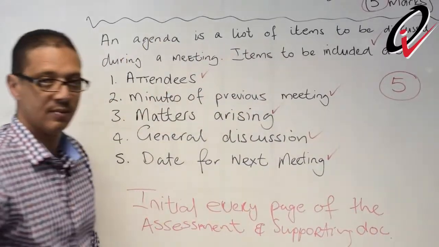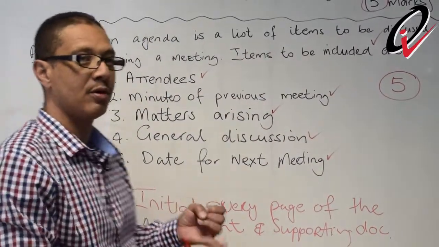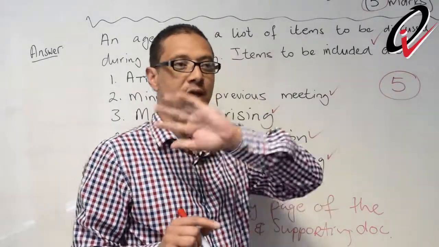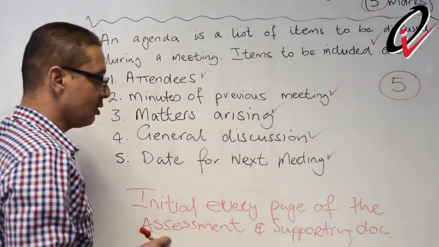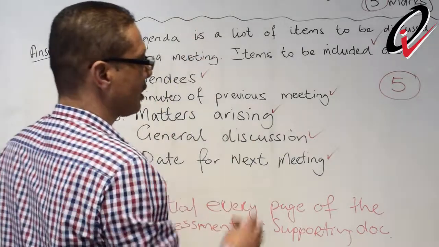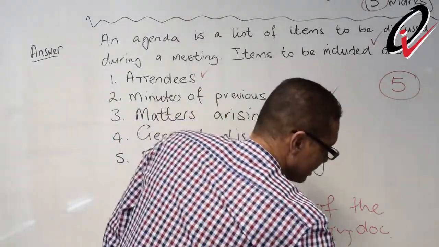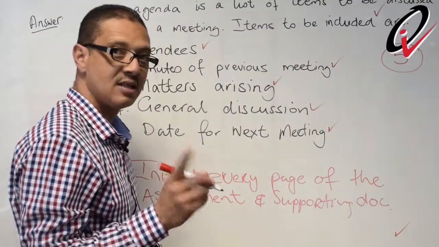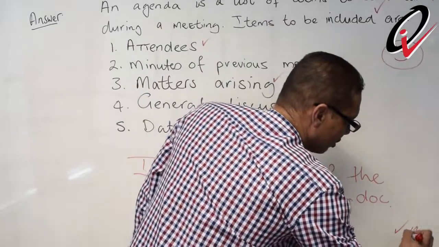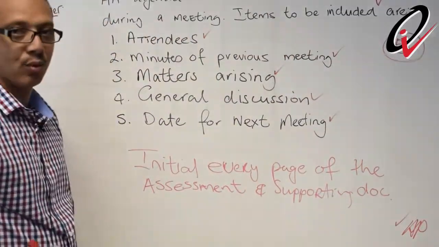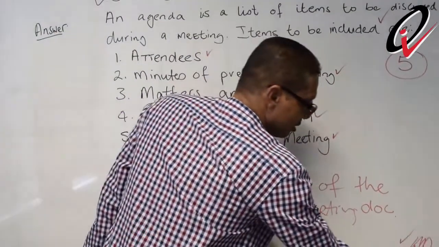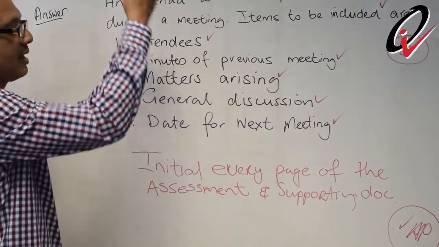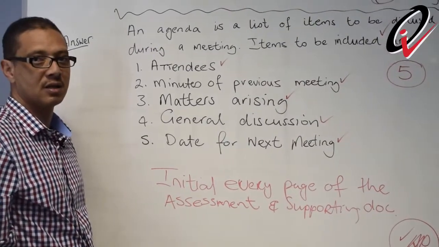What does that mean? Supporting documents will be a copy of your ID, the CV, whatever else the learner needs to include in their portfolio. You need to initial every page. So at the end of the page, you will put a tick to agree that you agree with the page that was submitted. You're now validating this assessment and you're putting your initial. Very important. Without this, there's no validation or verification that the learner has actually performed well in the assessment.